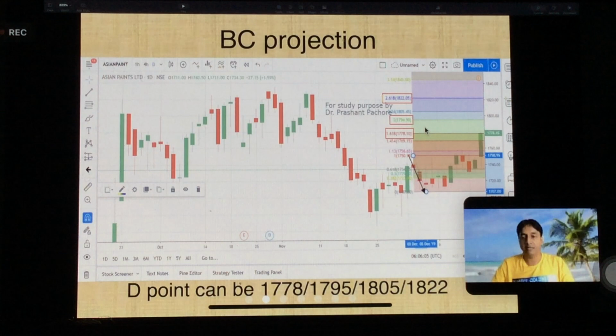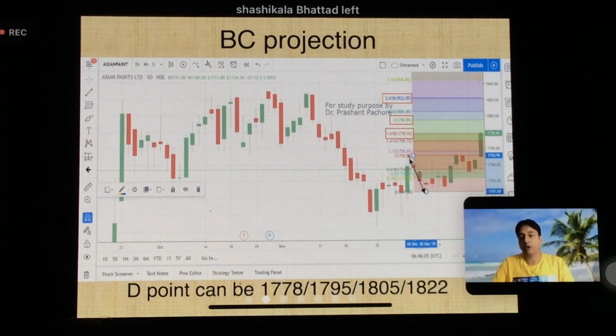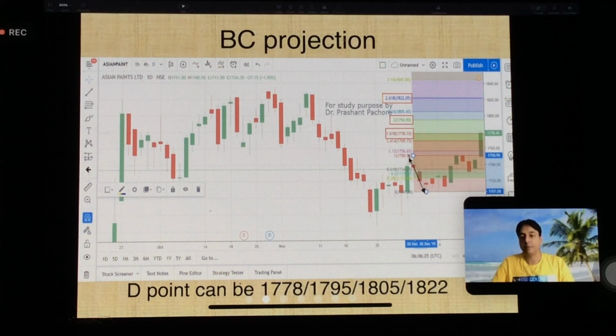Now we proceed further. We draw the B to C Fibo. I deleted that X to A Fibo and have now drawn the B to C Fibo. So what I am getting are the Fibo projections of BC. I call it the BC projection level, because this is 1, this is 0, and price is going above 1.